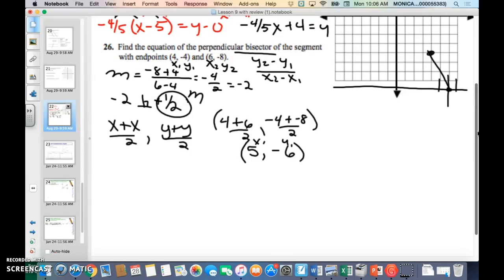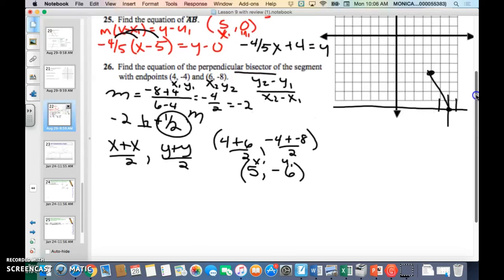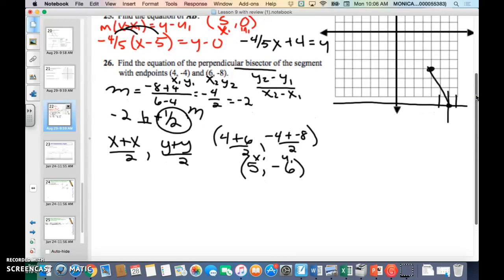And let's check it. I'm going to graph this point. One, 2, 3, 4, 5. 1, 2, 3, 4, 5, 6. Right here. Oh, that makes sense. That's my midpoint. Now I'm going to plug it into my formula. m(x minus x1) equals y minus y1.